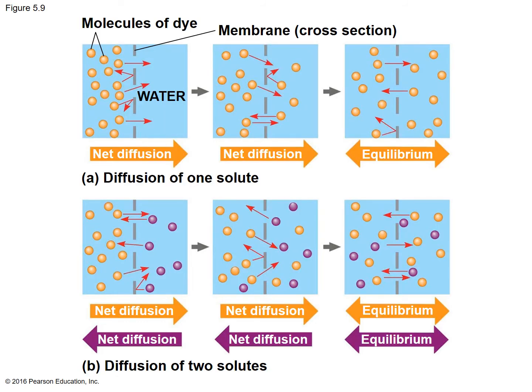And here in figure 5.9, we see what the diffusion of solutes across a membrane would look like. In this case, it's a synthetic membrane. When we do the national lab for osmosis and diffusion, the one that all AP biology students are expected to complete, we use something called dialysis tubing, and that is a synthetic membrane.